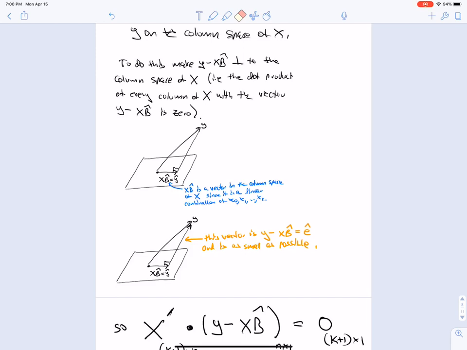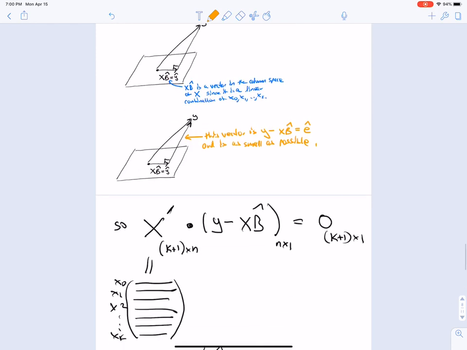The vector from the end of the arrow of y hat to y, shown here in orange, is the residual, and it is as small as possible.